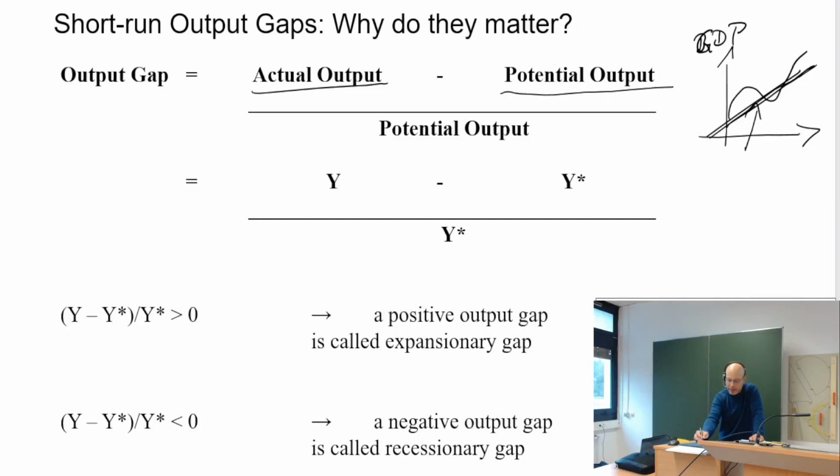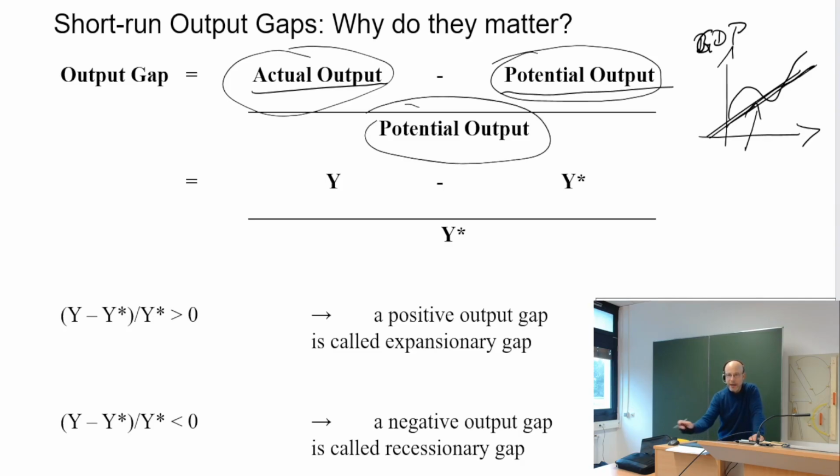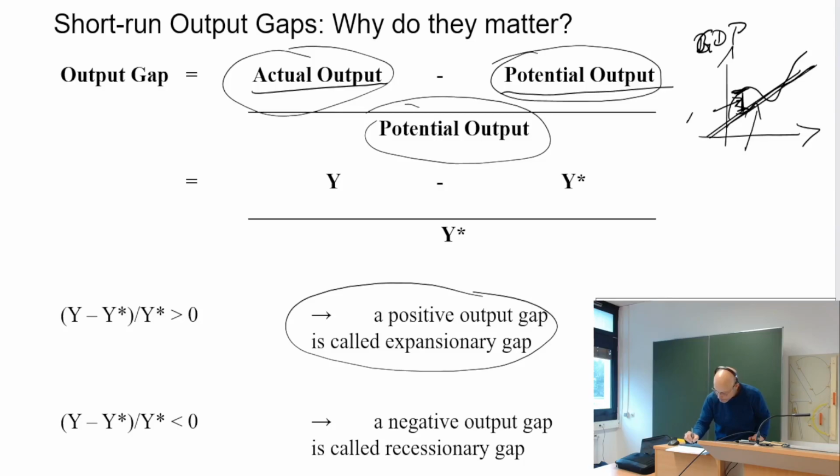And then we can say, if this actual output is larger than our potential output, and since we want to compare these numbers internationally, we take the relative number by dividing also by the potential output, then we can say if this number is positive, then it is this delta here, and therefore we could say we are in a boom, in an expansionary phase of our country, while if this number is negative, we will be somewhere around here.